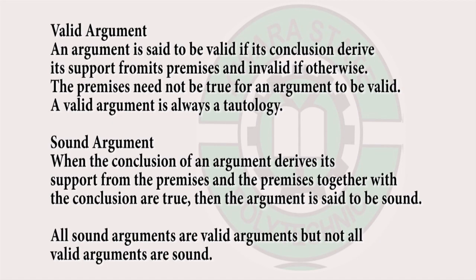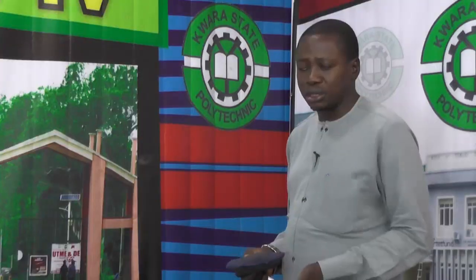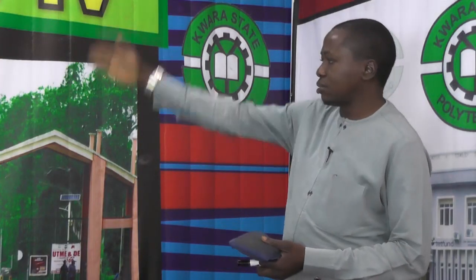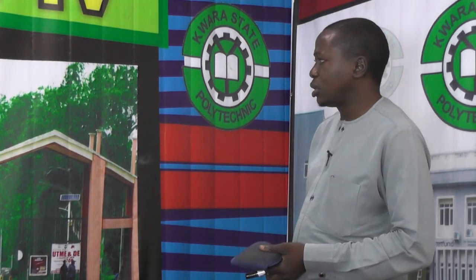This argument is of 2 or 3 types. We are having valid arguments. An argument is said to be valid if its conclusion derives its support from its premises, and invalid if otherwise. So that is what? Valid argument. The next, a valid argument is always a tautology. If you are having a tautology using the truth table, that statement is a valid argument.